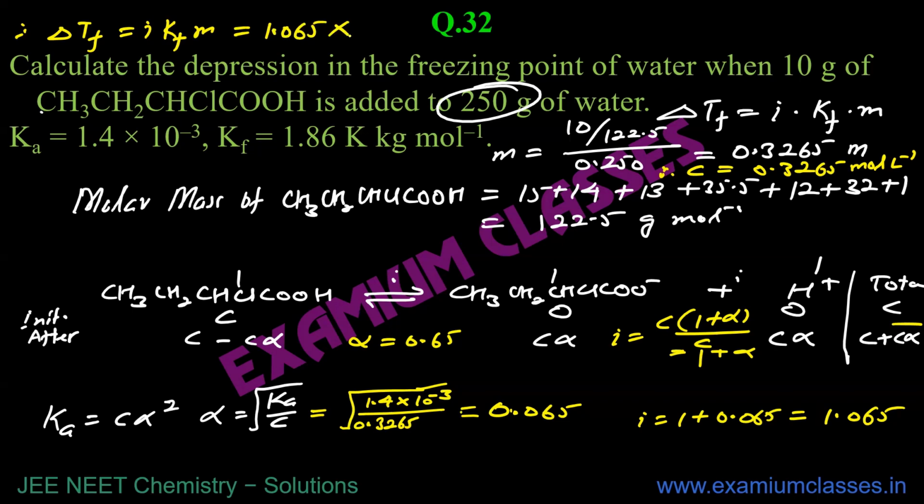Kf is given as 1.86. Even if it is not given, you should know it, 1.86. And m you have already calculated, 0.3265. When you calculate, you should get it as 0.647, approximately 0.65 Kelvin.